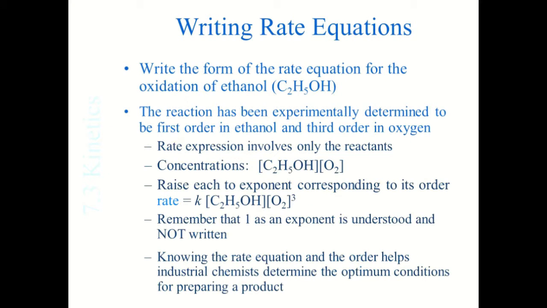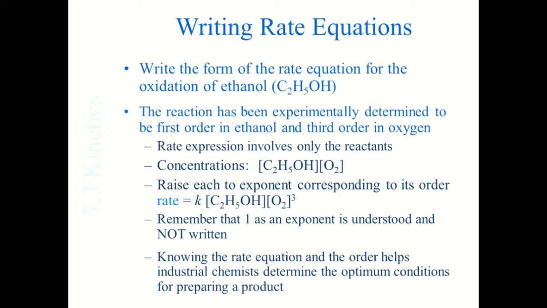Okay? Now, let's see how it looks if they give you the orders. So here, the reactants are oxygen and ethanol. K times ethanol times oxygen. Now they told me that it's first order in ethanol, so I don't write anything because it's first order. It's just a 1, so I don't need to put anything.